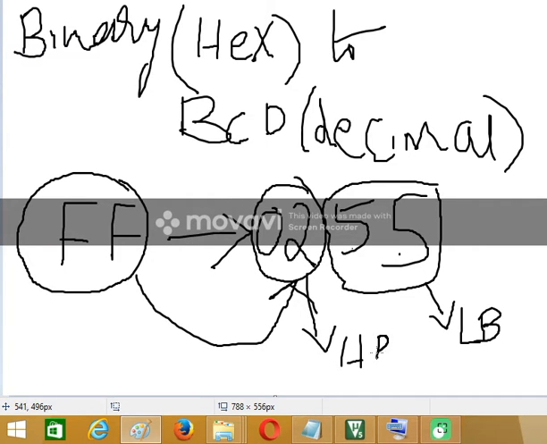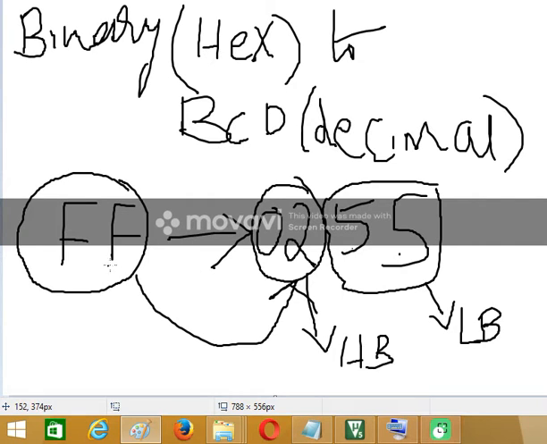So if you have one hexadecimal number and you convert it to decimal, you have to store 2 things. One is the higher byte, another is the lower byte. That's the point you have to remember. In memory only in one space, 1 byte, 2 digits can be stored, not more than that.